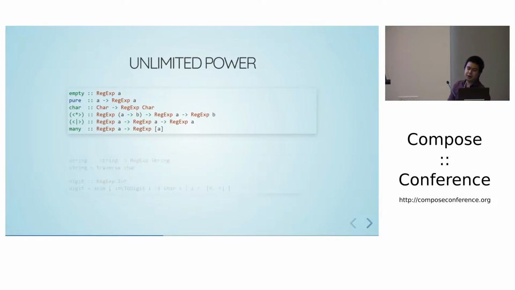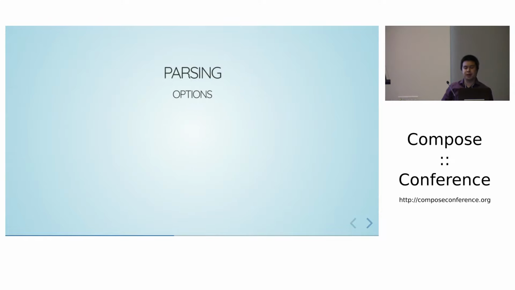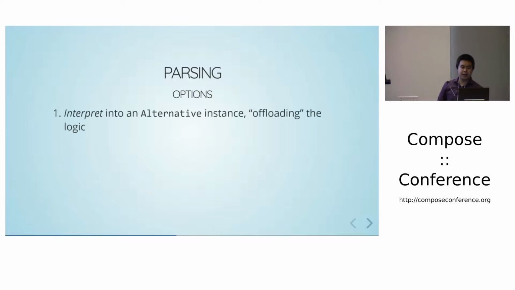So now we can build our regex expressions. How do we use it to parse things? Well, there are 2 main ways to use a free structure. One, you can interpret it into an instance. You can offload the logic. This looks a lot like using a list with foldMap, which we'll go into a little more deeply later.